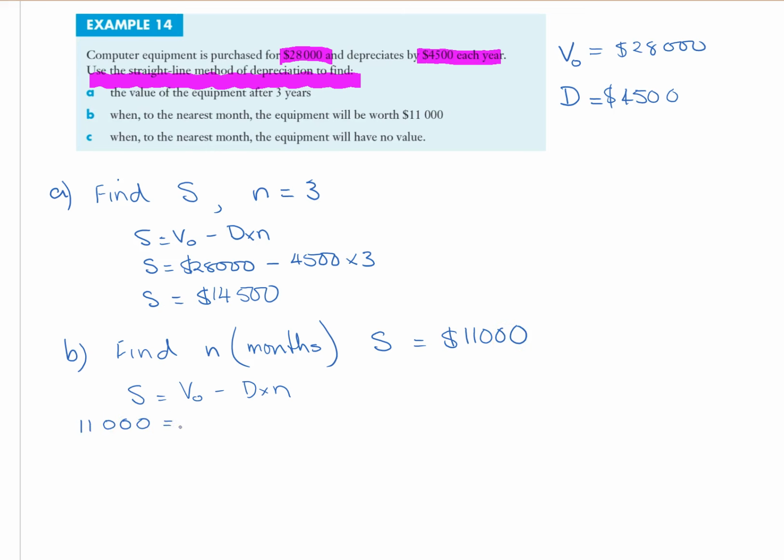We're really using our algebra skills here. The initial price was your $28,000. It is still depreciating at $4,500 per year. In the formula, this N is measured in years. Now we're going to have a problem if we leave our answer in years because it asks for our answer to be in months.